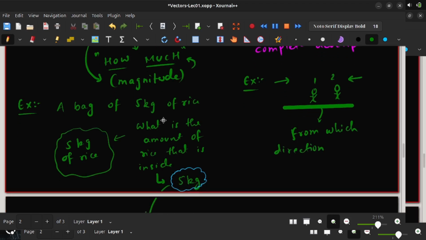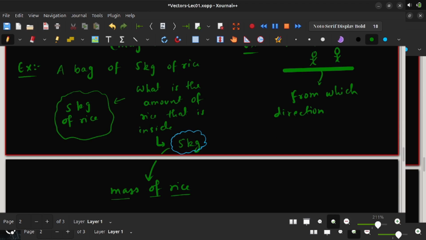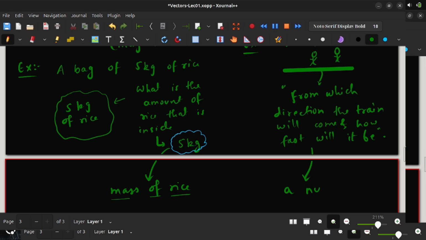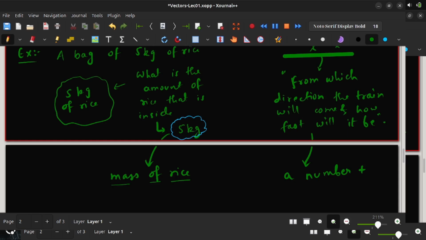Just for precaution's sake, from which direction will the train come, and how fast will it be? If you don't ask both of these things, then obviously your life is in danger. So actually what you are asking is a number plus a direction.